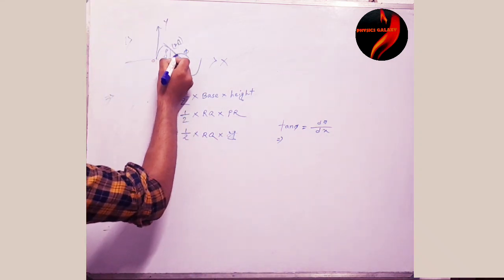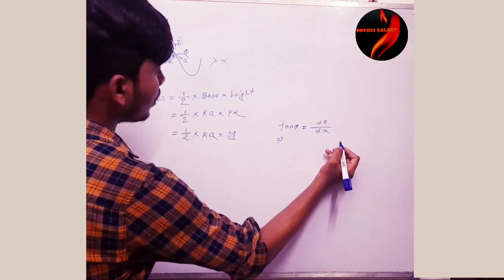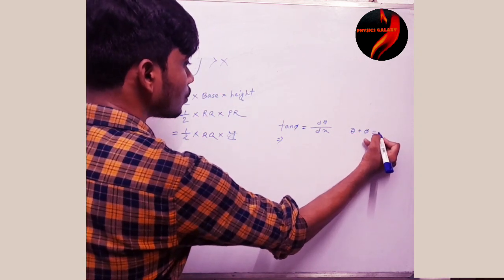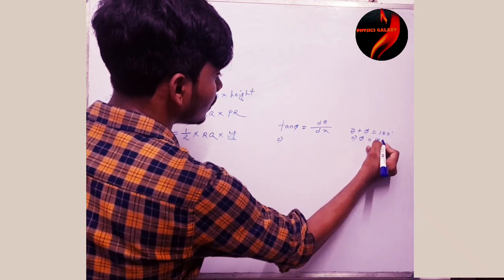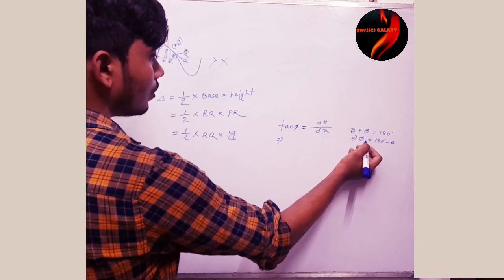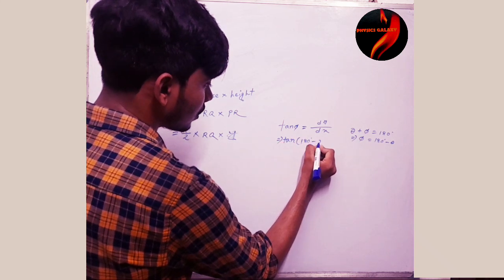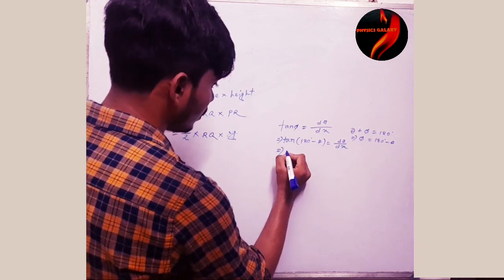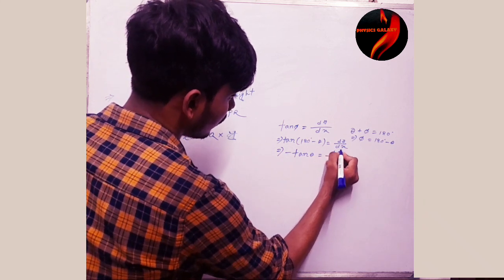And if we take the internal angle theta, then from this diagram we can write that theta plus phi should be 180 degrees, and phi should equal 180 degrees minus theta. Then we put the value of phi here, then tan of 180 degrees minus theta should equal dy by dx, and now it should be minus tan theta equals dy by dx.